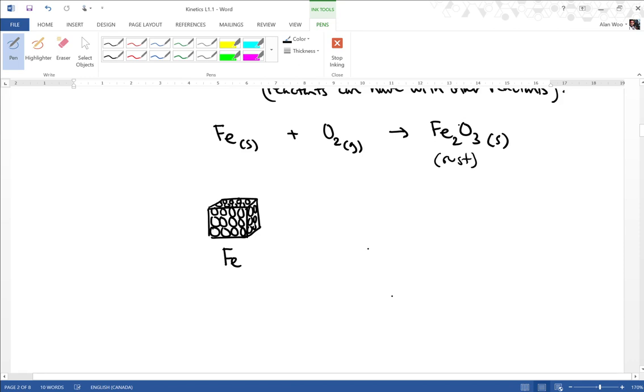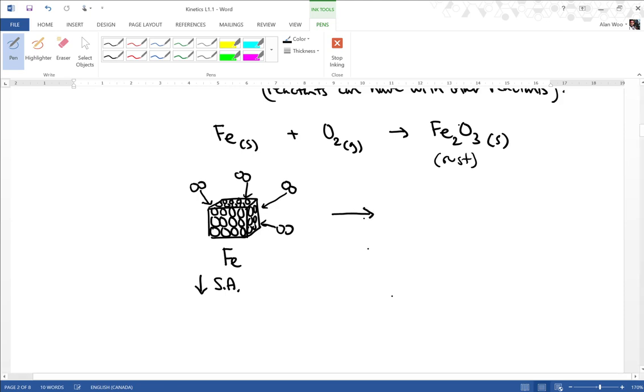And we have oxygen molecules surrounding this block of iron. These oxygen molecules can only react with what's on the surface, and that's it. So here you have an example of decreased surface area. When things are more compact, the surface area is decreased.